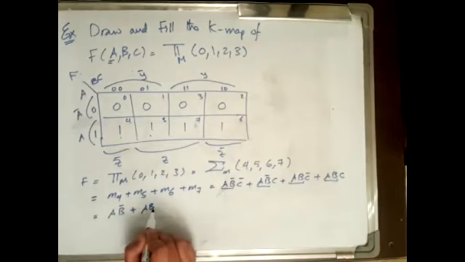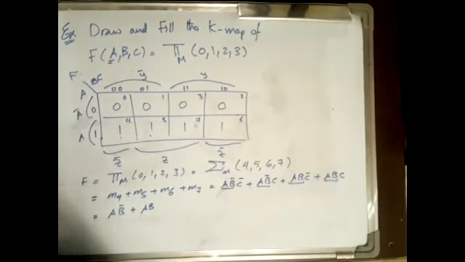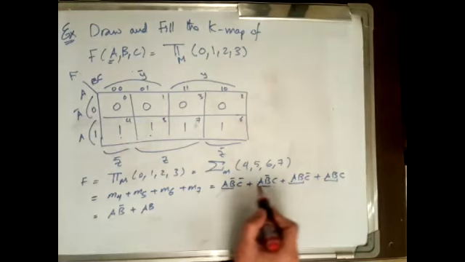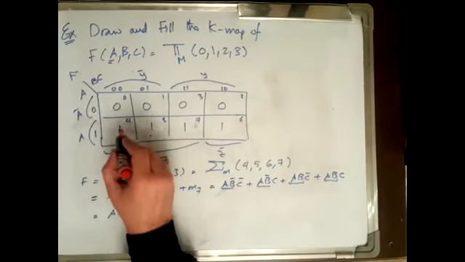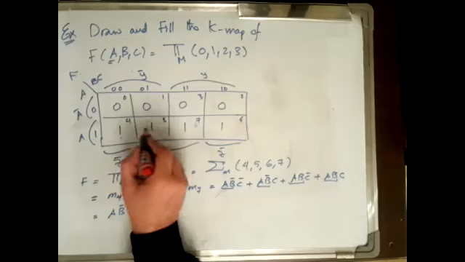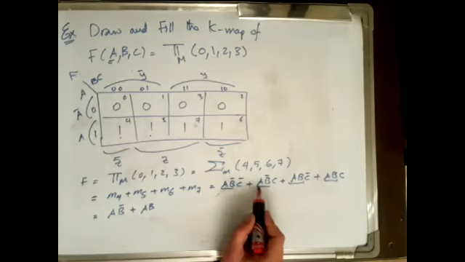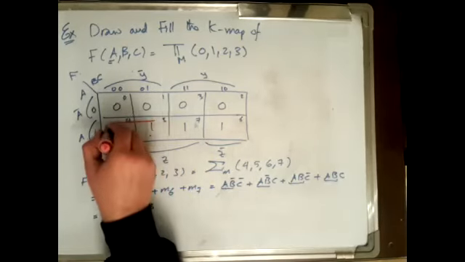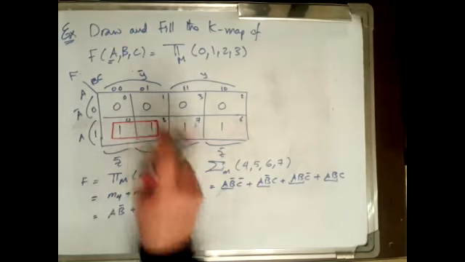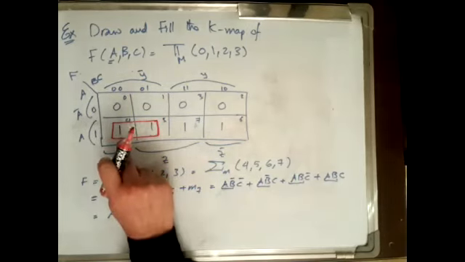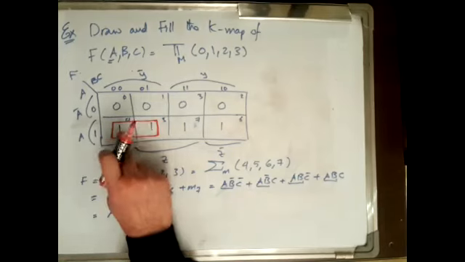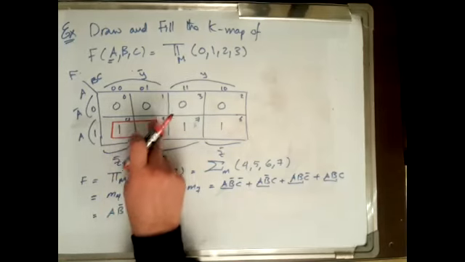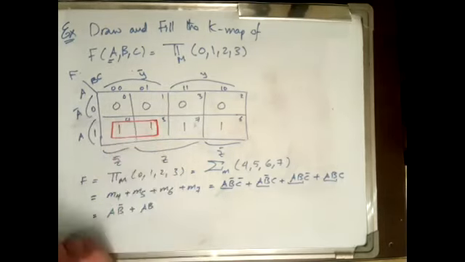On the map, if I try to match this with the map, if I take this and this, then I'm working with 4 and 5. So if I take this common factor, this implies that I can combine them. And without looking at the algebra, I know by now that if I have two ones in two adjacent squares, I can combine them into a larger rectangle or square. The same thing for this case.